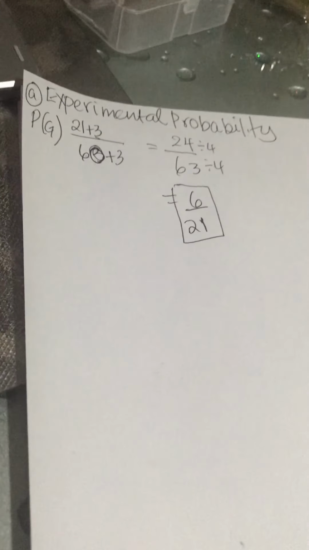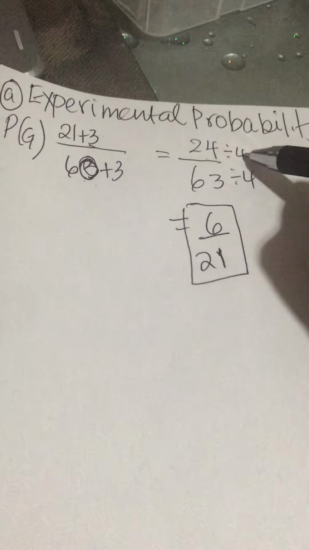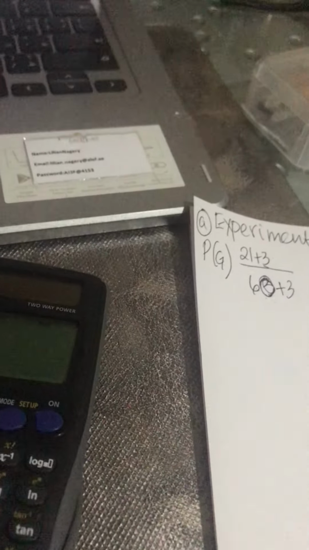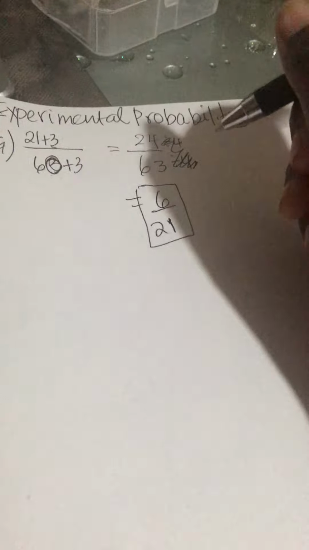That's weird. 24 divided by 4 is 6. And 63 divided by 4 is 63 divided by 4. Why? What did I do? Anyway, wait. I need to know how I got 6 over 21.